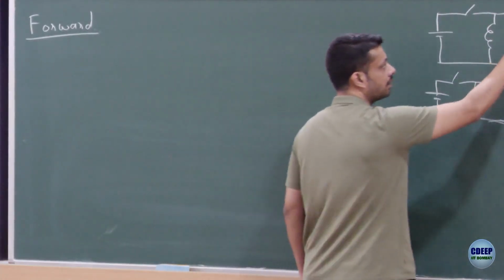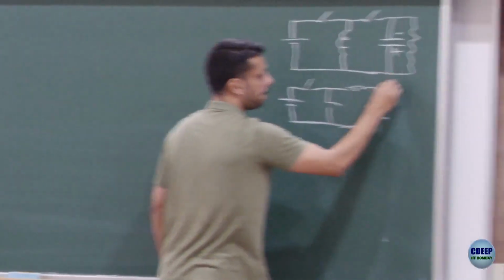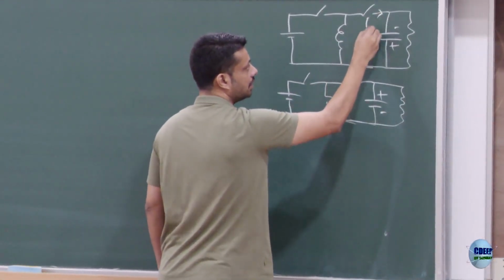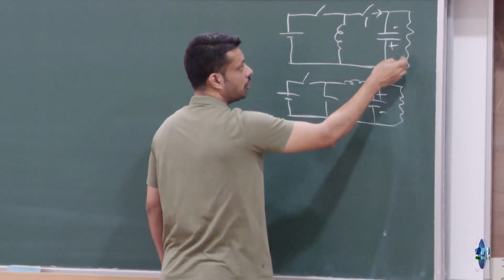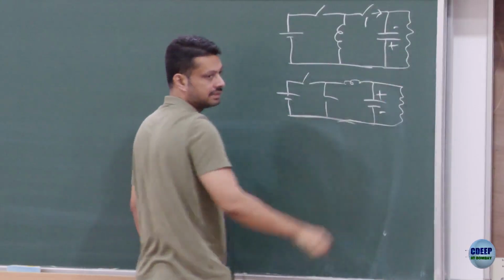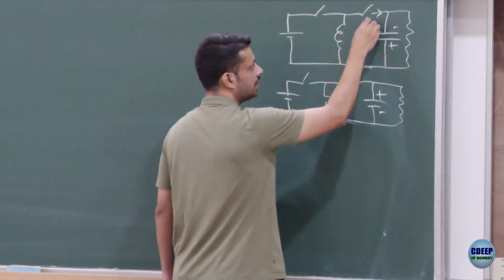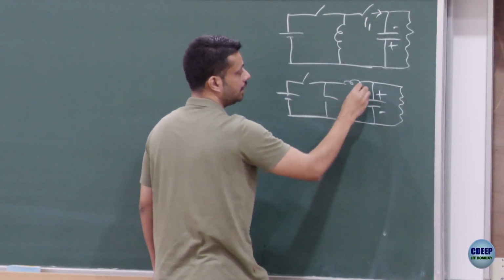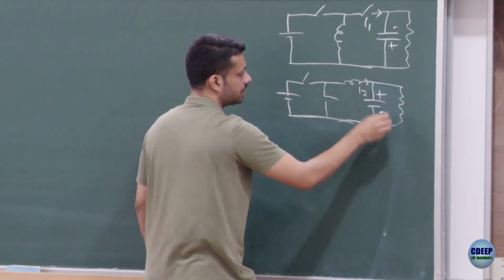If you see the current which is coming to the combination of capacitor and resistor, let me call it I1 in buck boost and I2 in case of a buck.